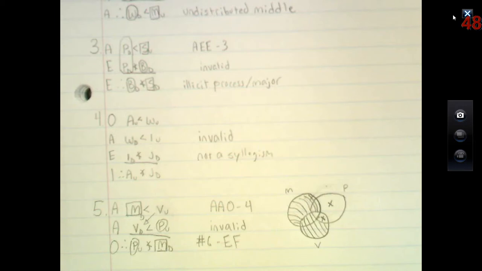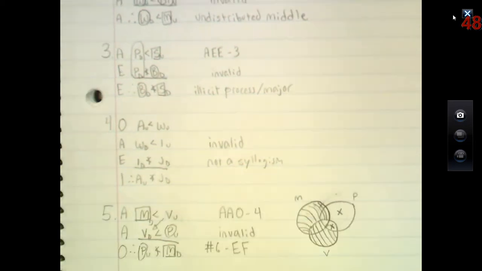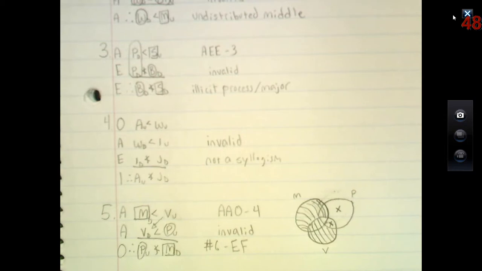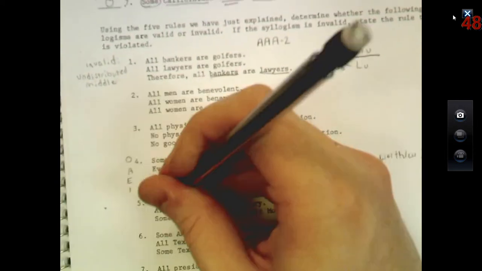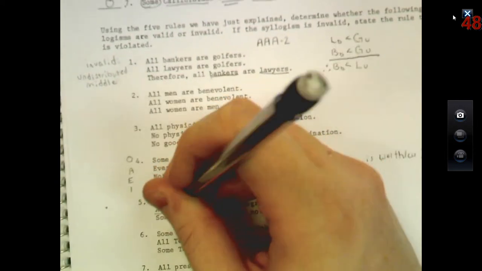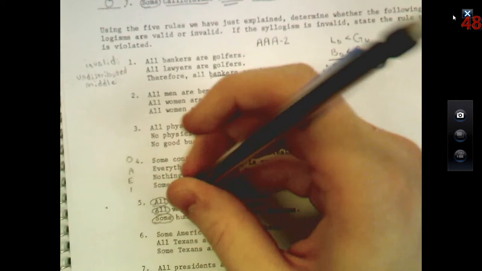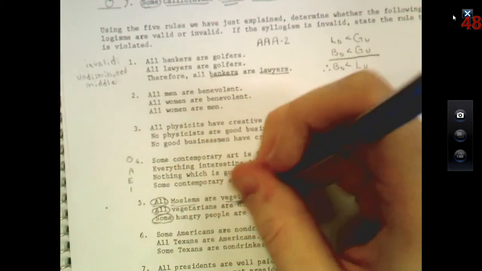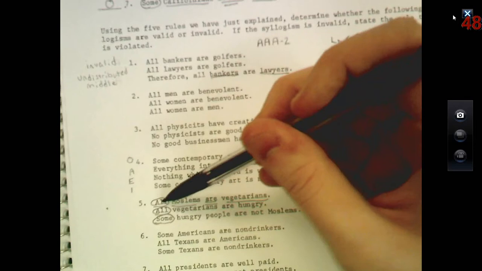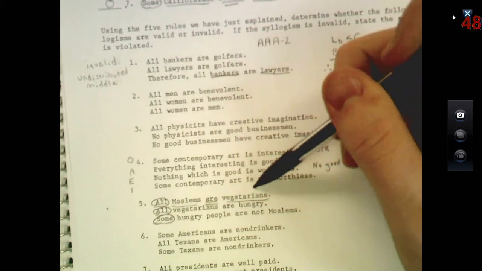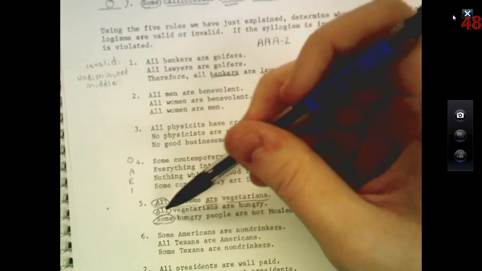All presidents are well-paid people. So all is the qualifier. Some teachers are not presidents. So quantifier, subject: presidents, copula: are, predicate: not, copula.